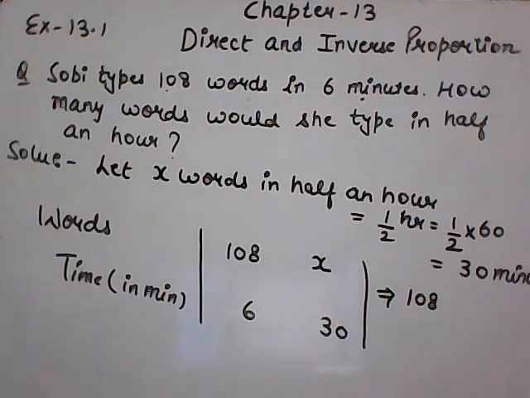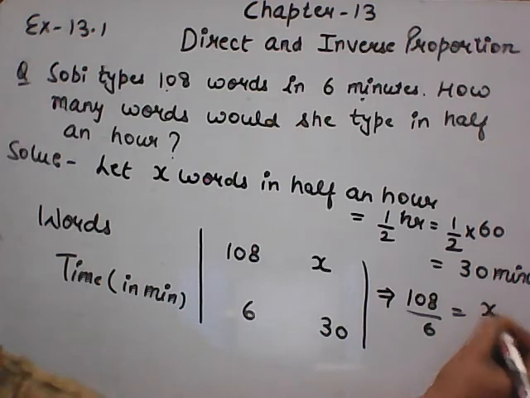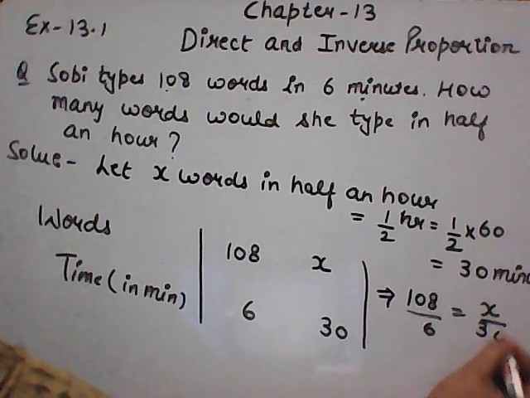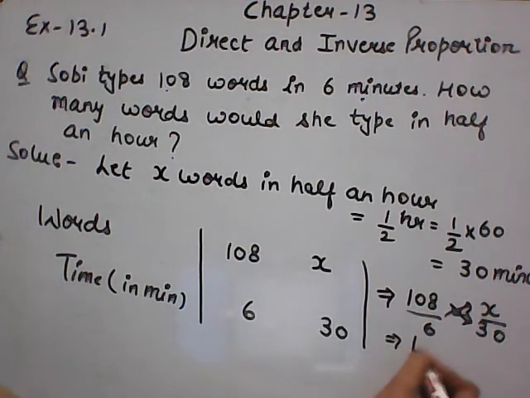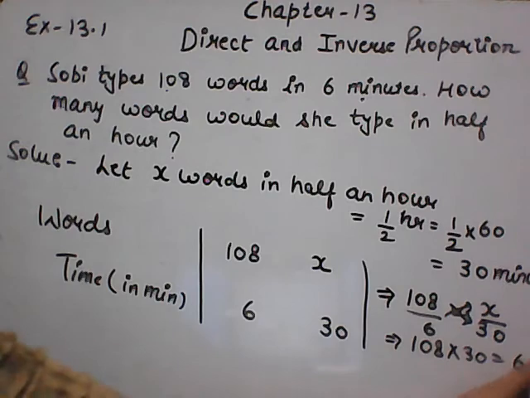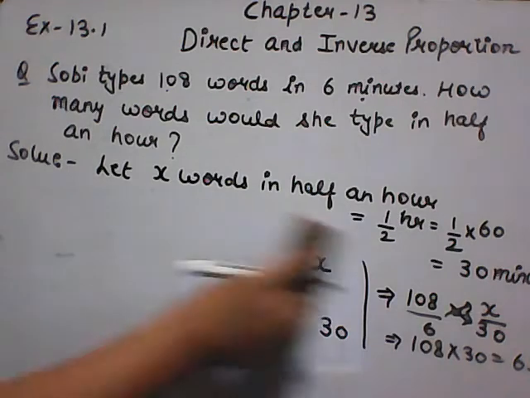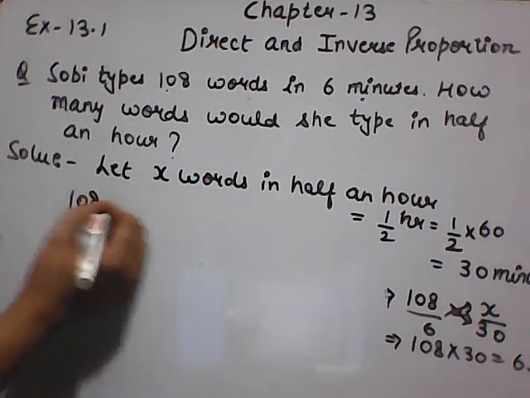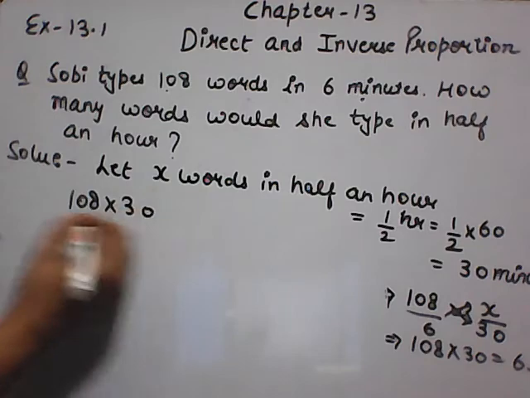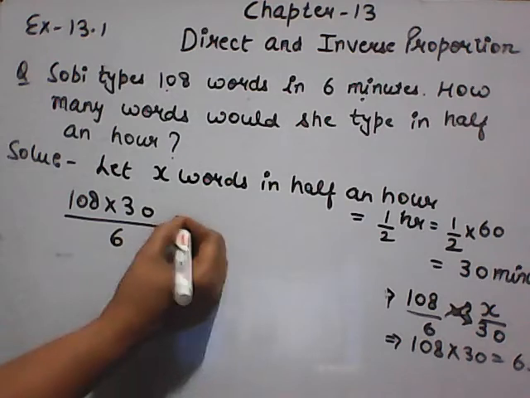108 divided by 6 is equal to x divided by 30. Now we can cross multiply: 108 multiplied by 30 is equal to 6x. Here 6 is the multiplier, so we can write it as 108 multiplied by 30 divided by 6 is equal to x.